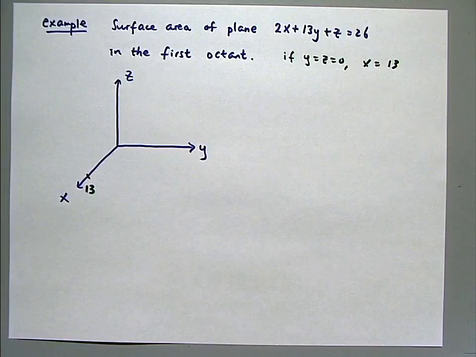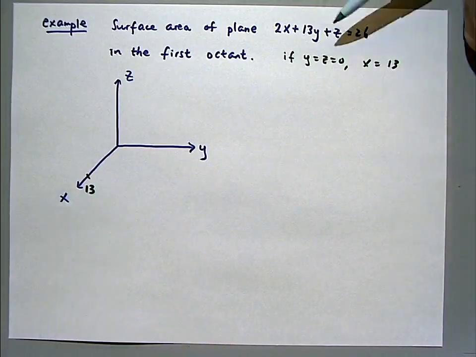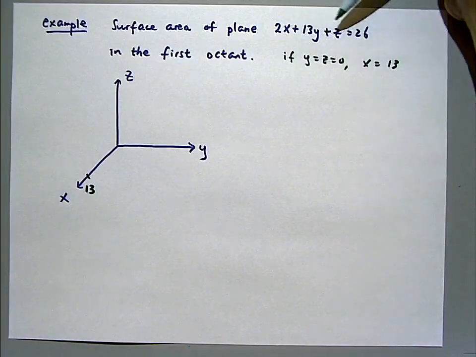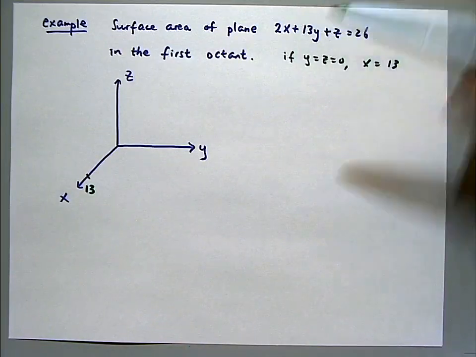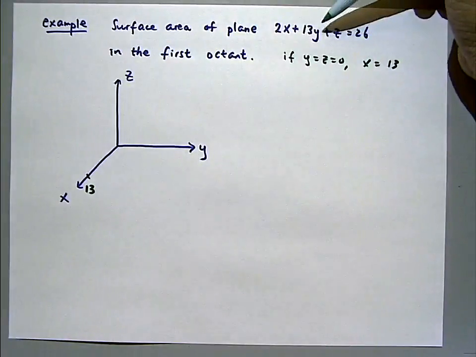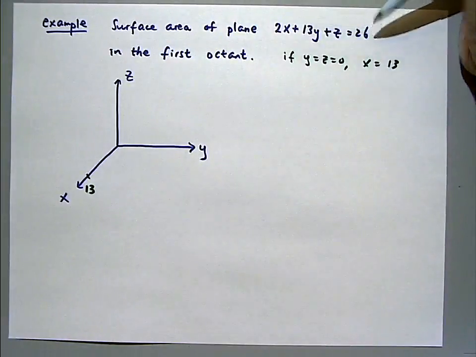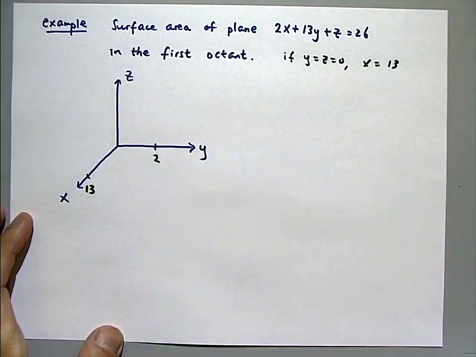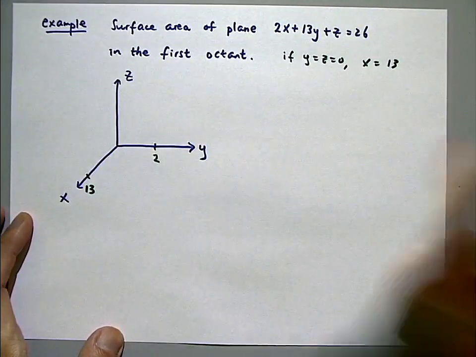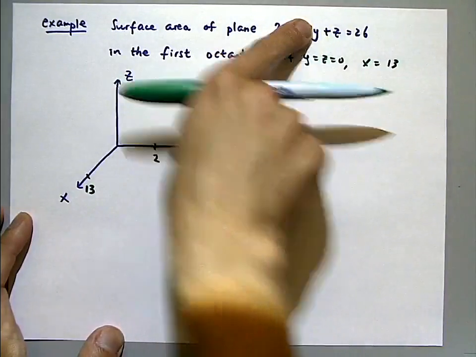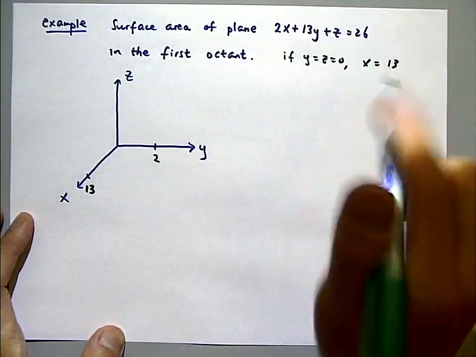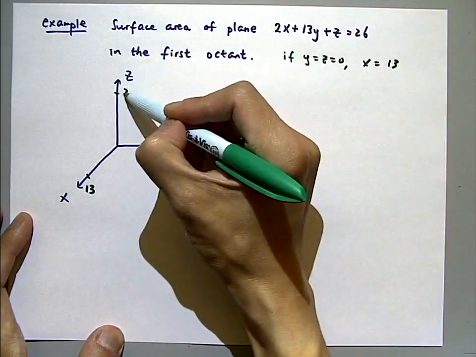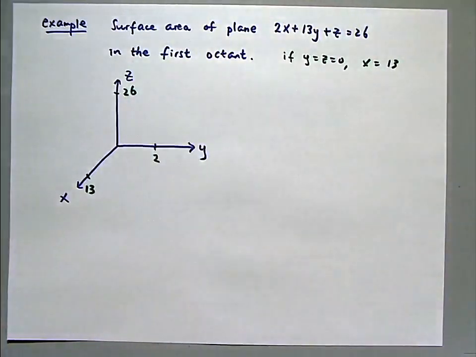You make two of these 0, it'll tell you the intercept on that axis. If you let x and z be 0, then 13y is 26. That tells you that it's going to cut through the y-axis at y is equal to 2. And similarly, if you let x and y be 0, it's going to cut through the z-axis at 26. So that's how you figure out how to sketch this kind of shape.